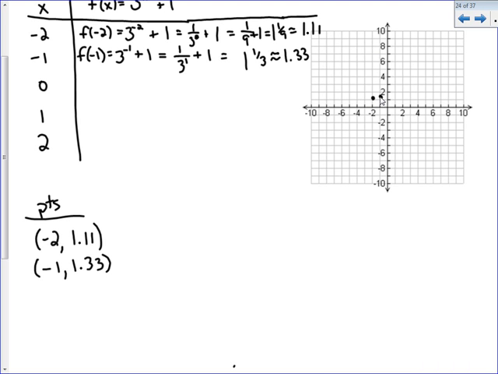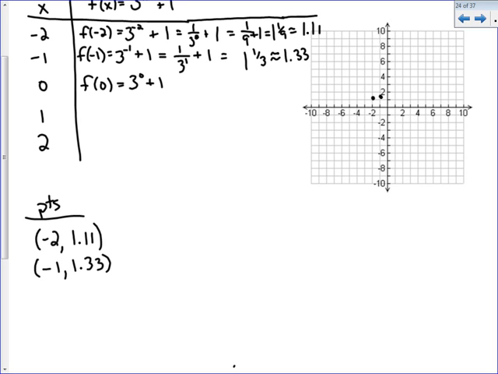For 0, we're going to take 0 and plug it into our function. So we're going to do 3 to the 0 plus 1. Rules of exponents: what's anything to the 0 power? 1. A lot of these graphs have mistakes because people don't remember that.